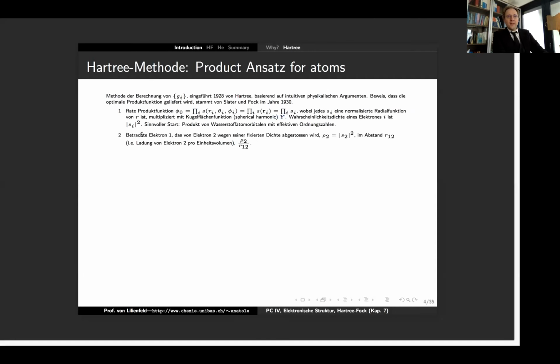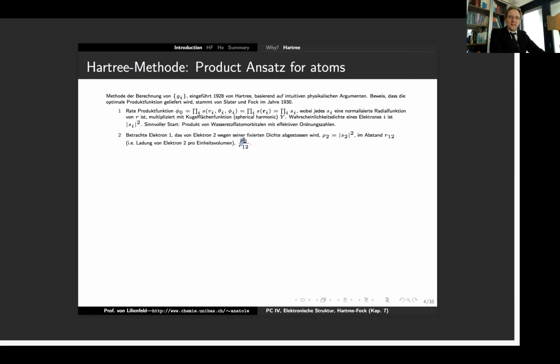You then consider electron 1, which gets repelled from electron 2 because of its fixed electron density. So that's basically this S2 squared with this distance.